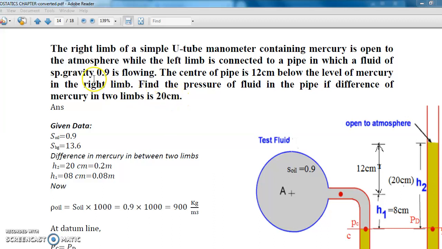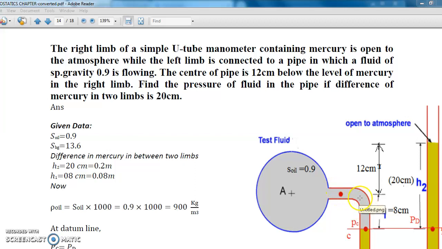First part, after reading the question, first you have to draw the diagram. So first question, what is given? It is a U-tube manometer. So this is a U-tube manometer where the right limb is open to atmosphere, and this is the right limb and this is the left limb.